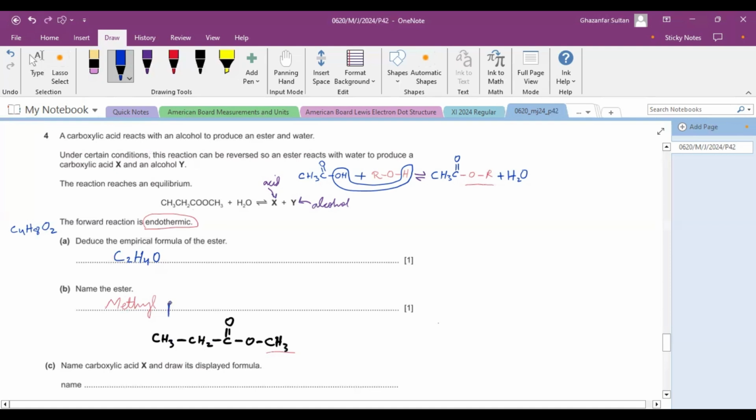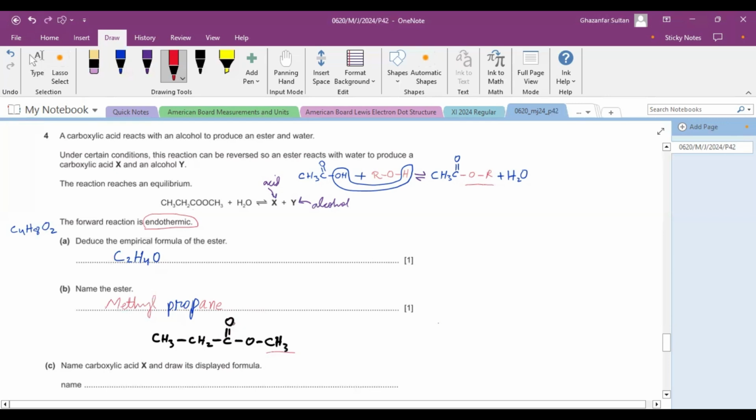So the basic chain or the parent chain would be prop, because there are 3 carbon atoms. But you can see all the carbon-carbon bonds are single bonds. I'm not talking about the carbon-oxygen bond. If all the carbon-carbon bonds are single, then this is a derivative of an alkane.